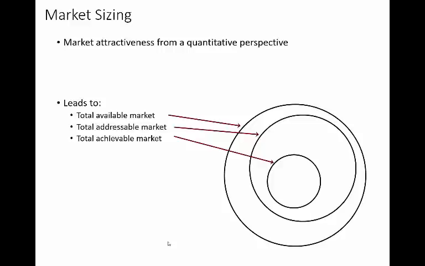The total achievable market recognizes that if we have competition, we're going to end up sharing that total addressable market with those competitors. So what percentage are we going to get versus what other competitors would get?